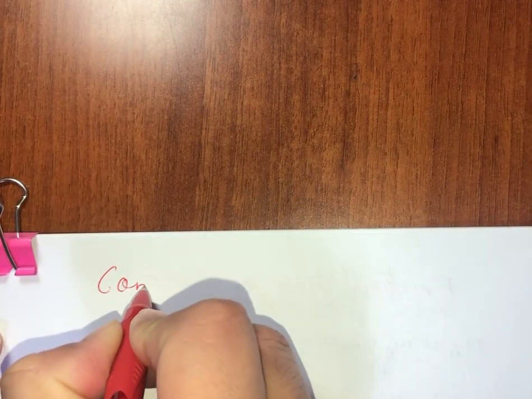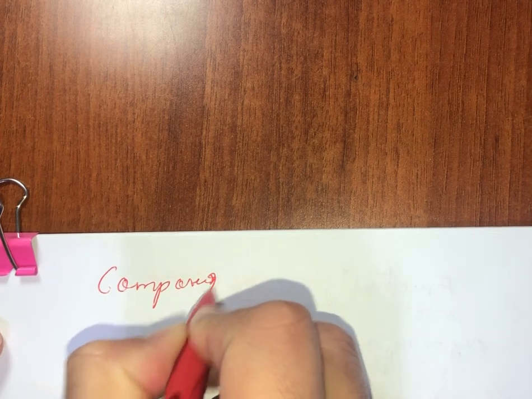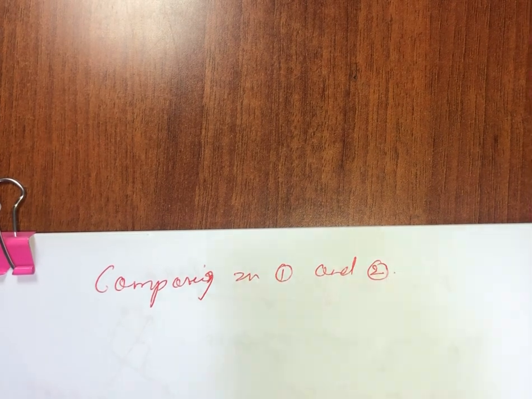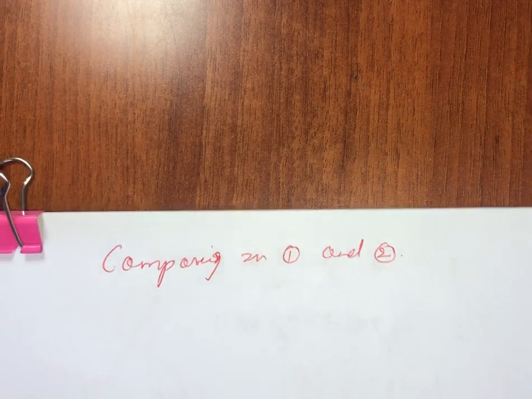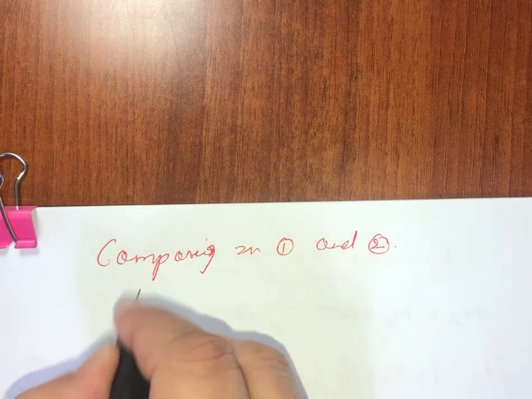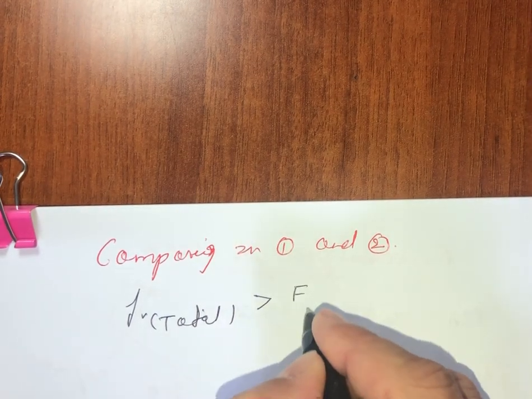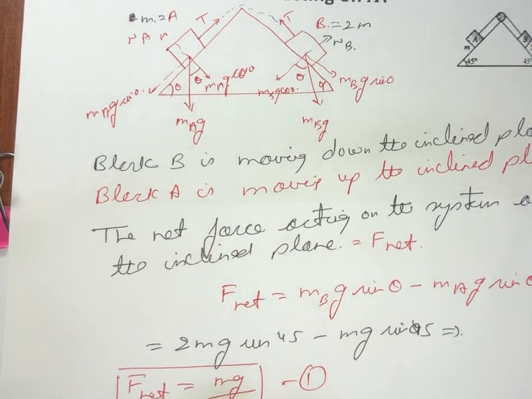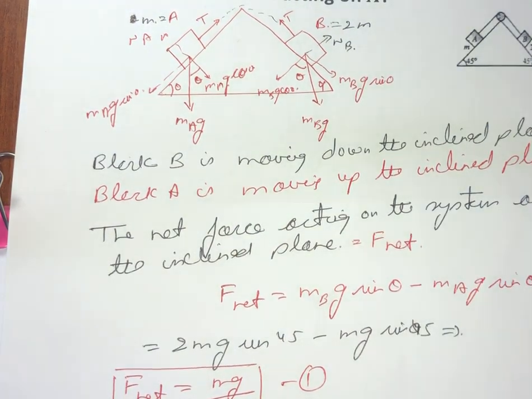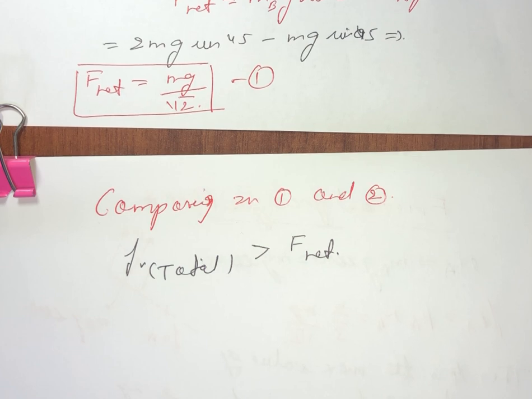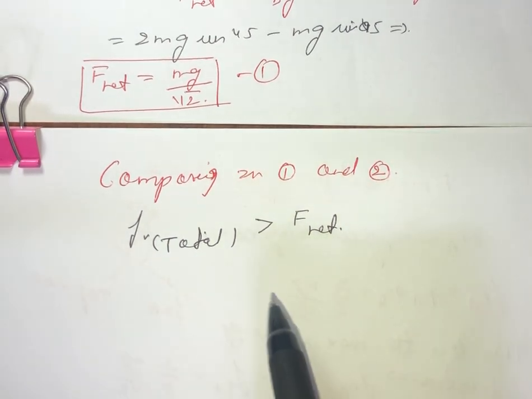So comparing equation 1 and 2, we can clearly say that the total value of the friction, that is FR total, is greater than F net. F net is mg divided by square root of 2, and the value of FR total is much larger as compared to F net.